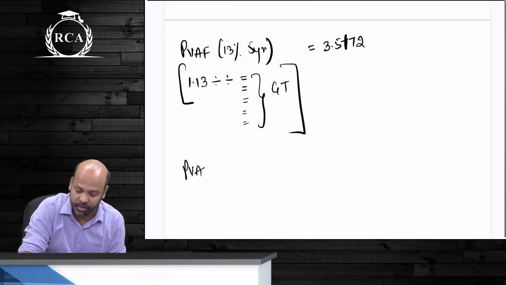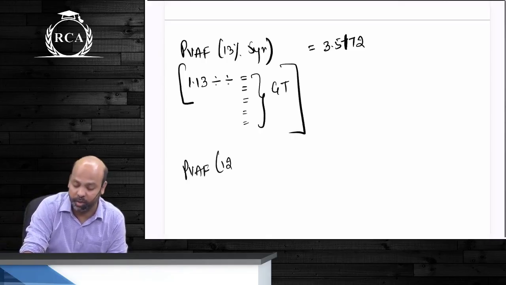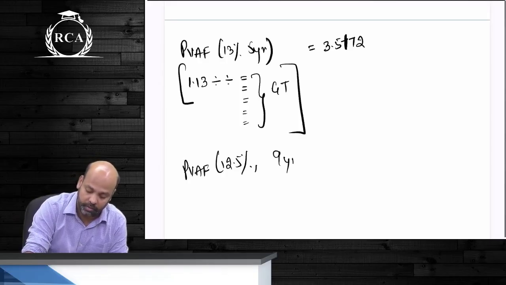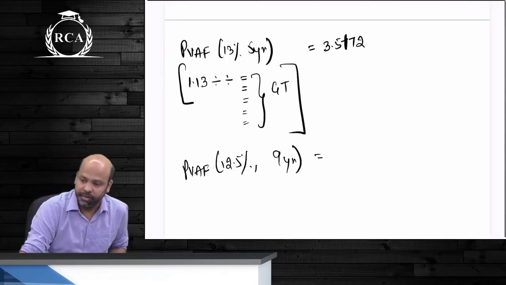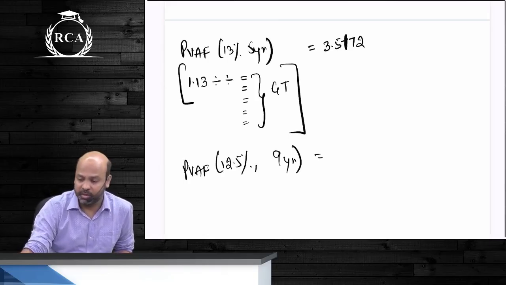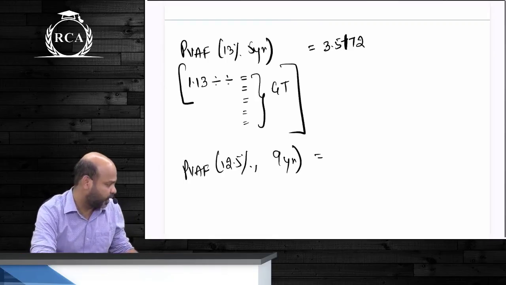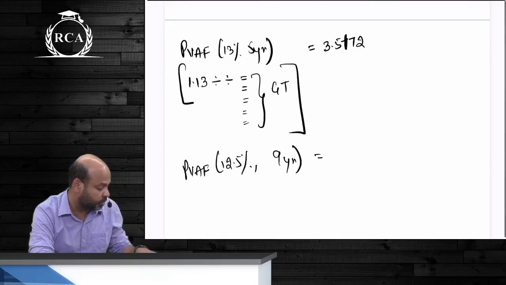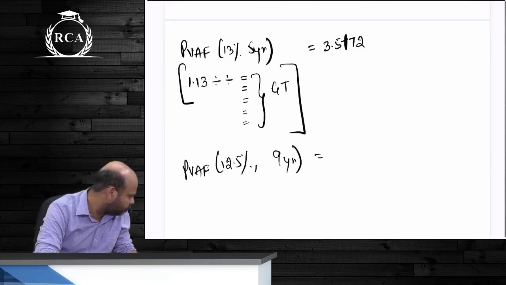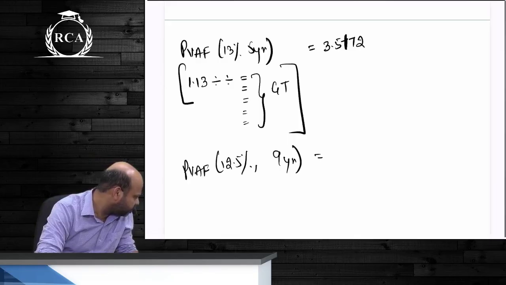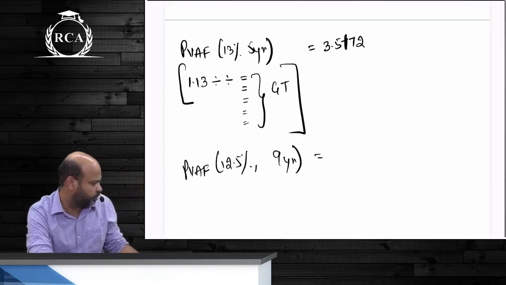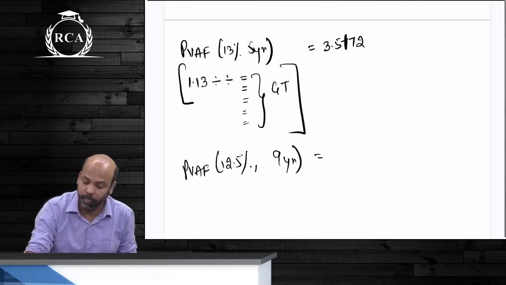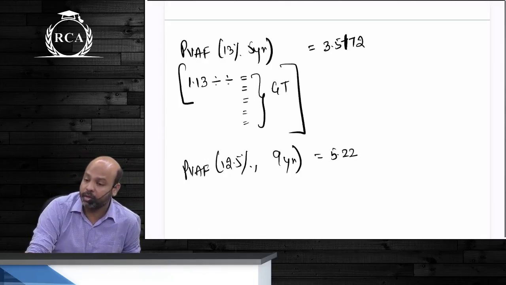Write this in your notebook. Present value annuity factor, guys, at 12.5% for a period of 9 years. Don't calculate while dancing. 5.2285.